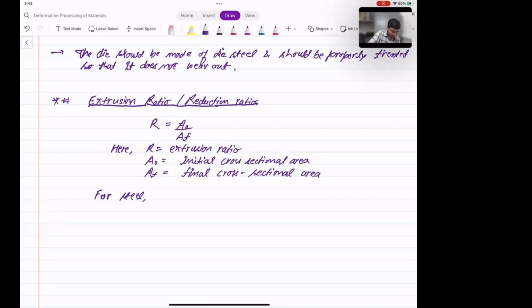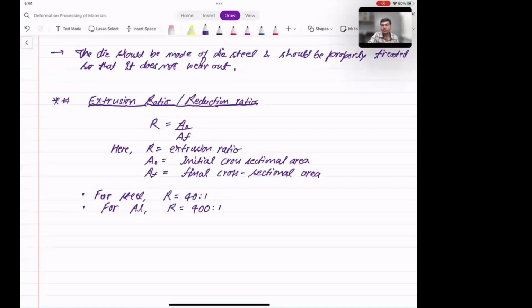But one should not get confused with the fractional reduction, or the reduction of area that we generally calculate, which relates the change in area per unit area.